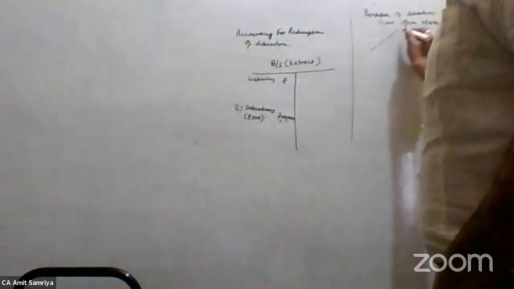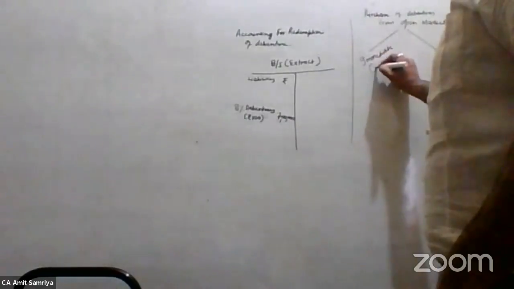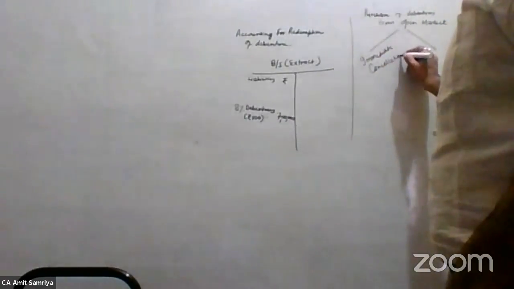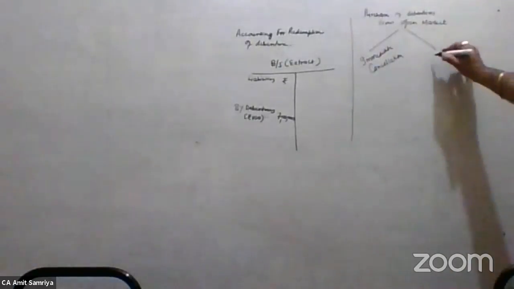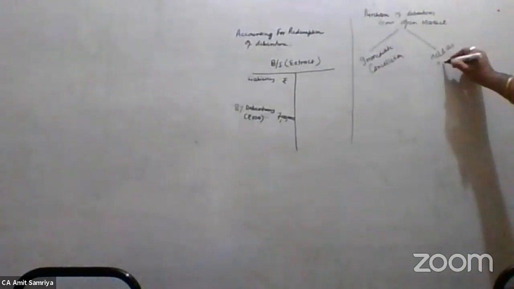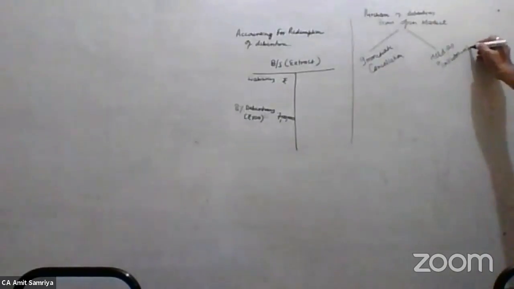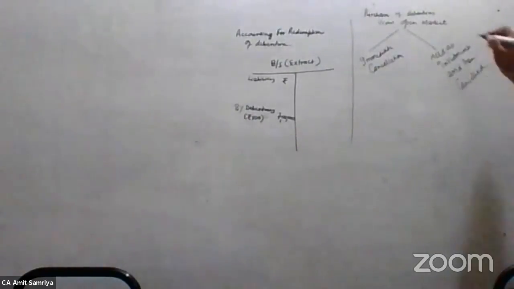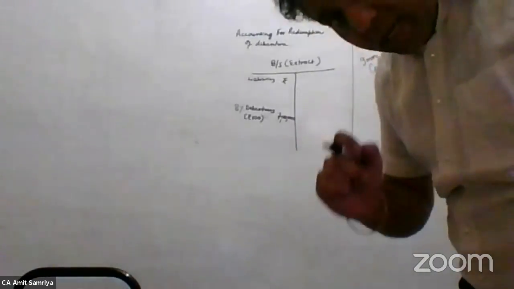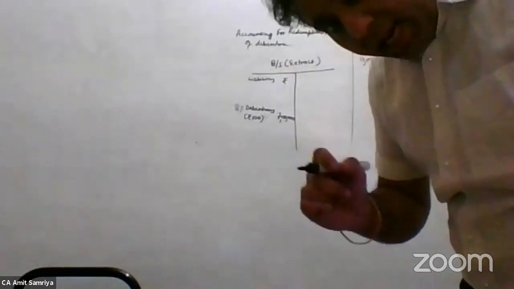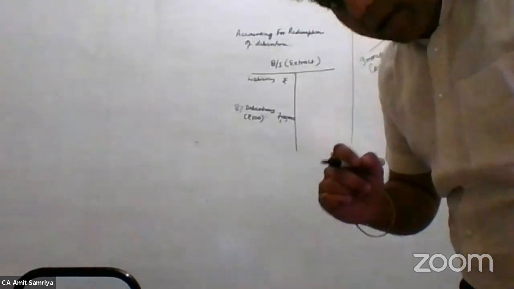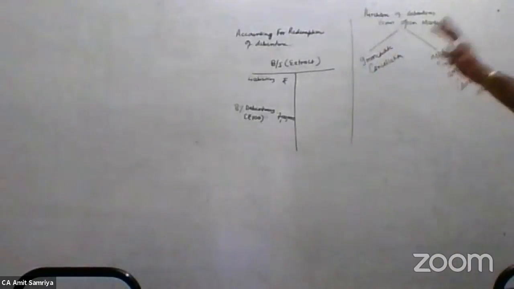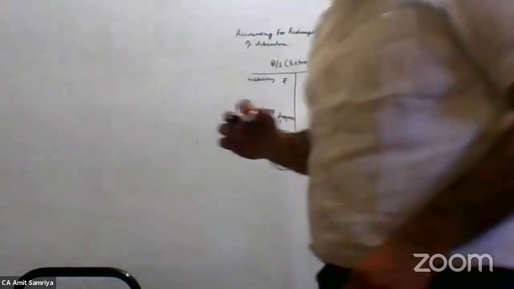There are two cases in this: immediate cancellation, and held as investment and then cancelled. There are two types of problems involved. The company purchases its own debenture from the open market and immediately cancels it, and the second part is held as investment and then cancelled. Now, what is immediate cancellation?